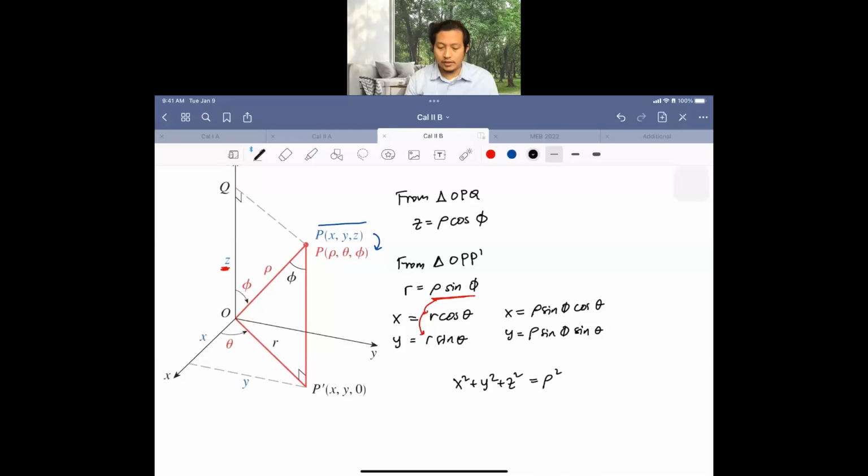And z is rho cosine psi. So we convert all x, y, z into rho, psi, and theta. We are using these conversions to convert the rectangular to spherical.